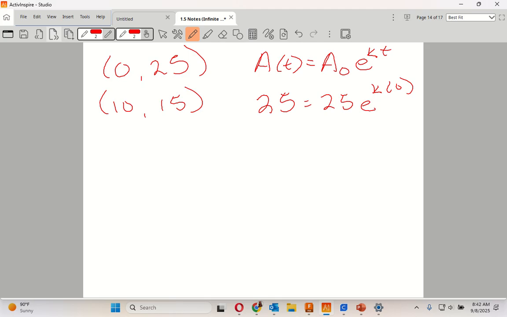And then I also have the next one, which is going to be, I have 15, and my initial amount was 25, e^(k), and my T here is 10.